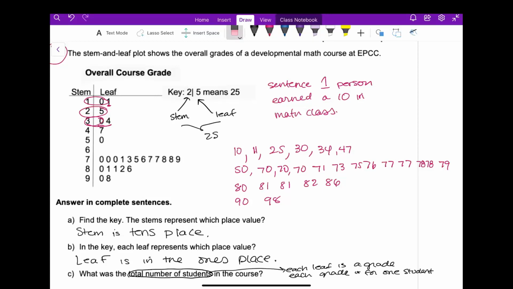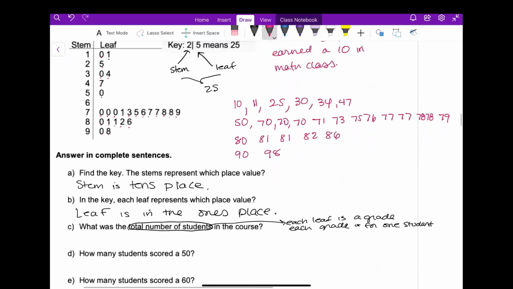So let me tell you what I would do instead. If I already understand the graph, I would come in here and count the leaves. This is 1, 2, 3, 4, 5, 6, 7, 8, 9, 10, 11, 12, 13, 14, 15, 16, 17, 18, 19, 20, 21, 22, 23, 24, 25, 26. 26 grades.